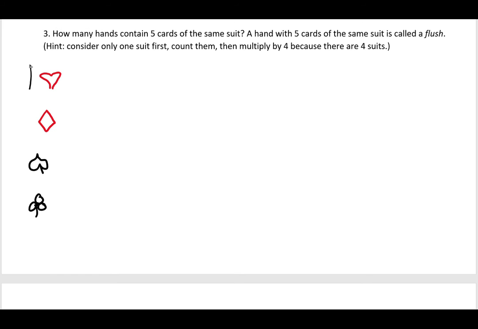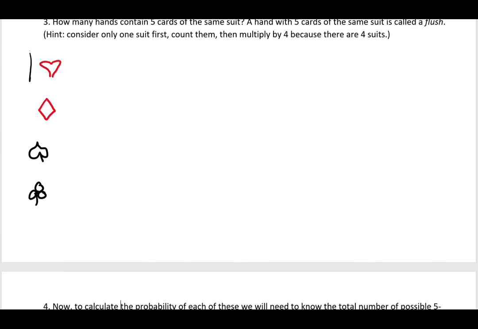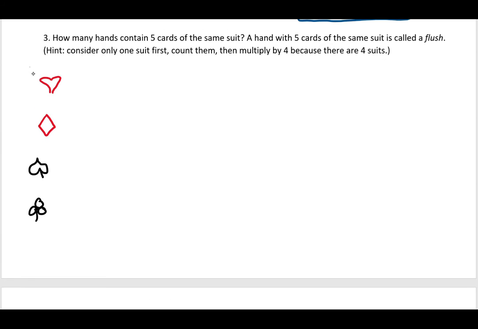So let's focus in on one of those first. Let's say, how many hands just contain, for example, 5 hearts? So there's only hearts in the hand. There's no other type of card. No diamonds, no spades, and no clubs. So let's look at 5 hearts.